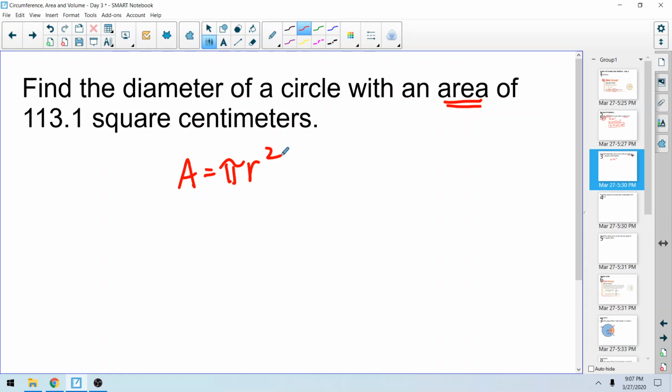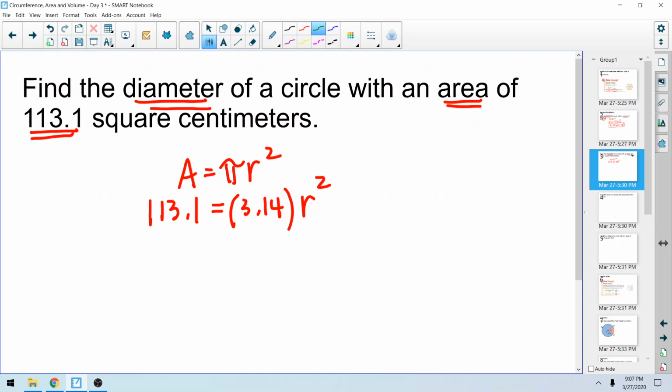In this one they told us that the area was 113.1, so we're going to put the 113.1 where the area is. Pi, once again, we're just using 3.14. And then r. Well, they didn't tell me anything about r. They did use this word diameter, which we'll get to in a minute, but they didn't tell me what r was, so r squared.